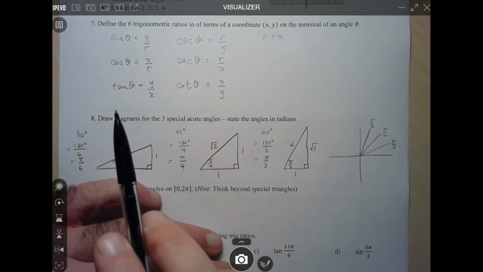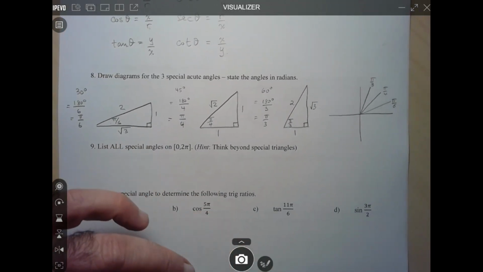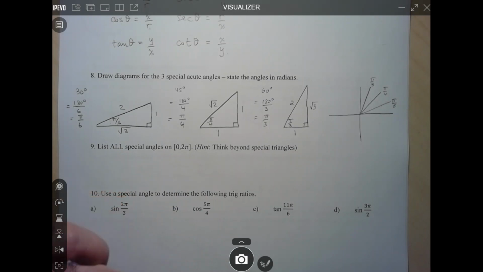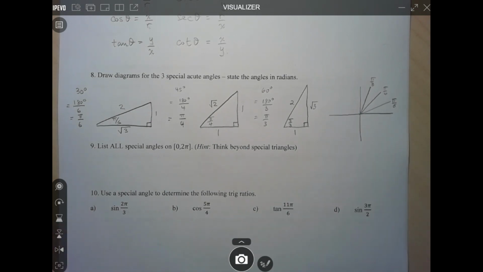So try to think what other options you have for exact trigonometric ratios. All right, so take a couple of minutes or maybe more than a couple of minutes to try to remember what the special angles are, okay, that exist in one full turn of a circle. Okay, go ahead.